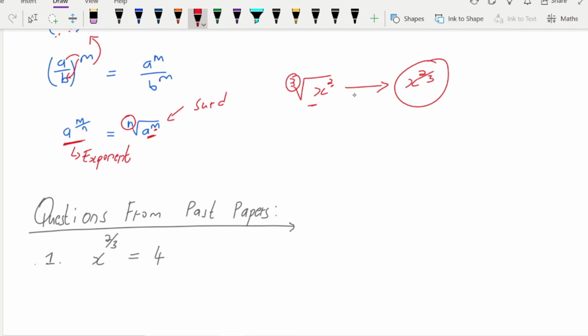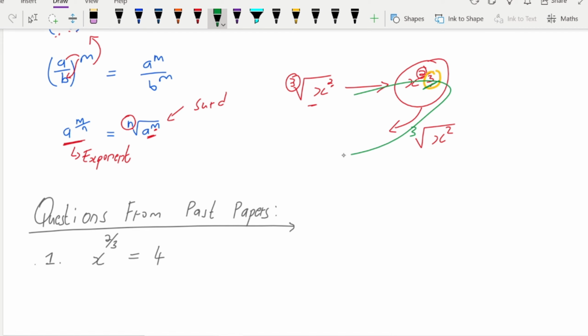Same thing when you want to take it back to a root form, you write your root like this, and then the one that's on top, the numerator, goes inside, and the one that's outside is 3. So the 3 will go on the outside because it's the denominator.